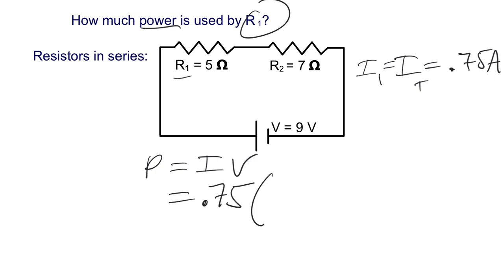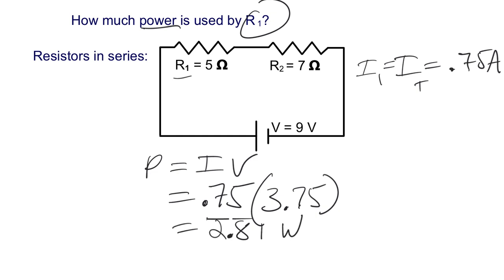The voltage drop was 3.75 volts. Disregard the negative. So I get 2.81 watts for the power being used by the 5 ohm resistor.